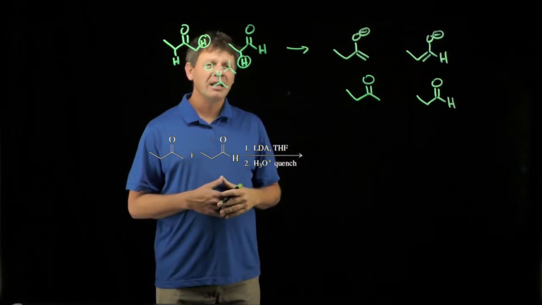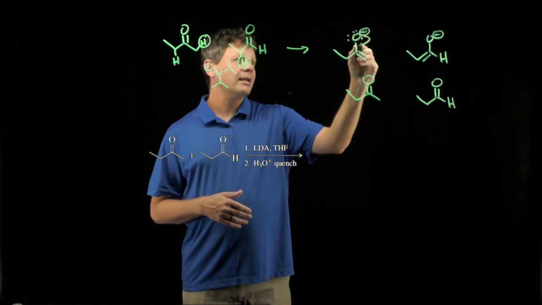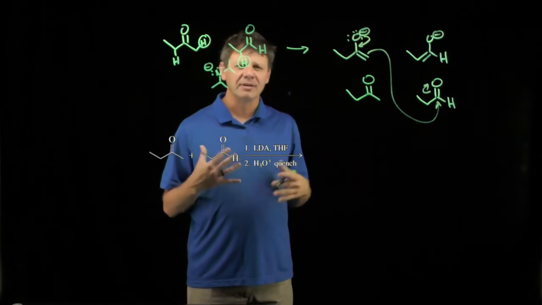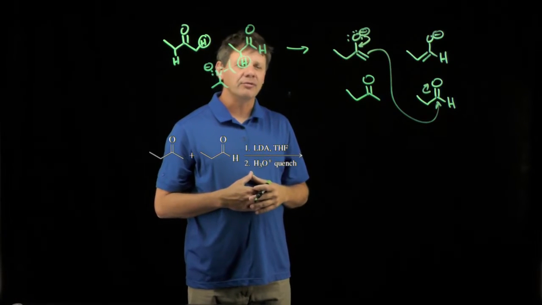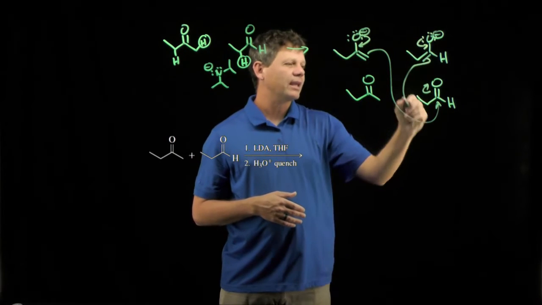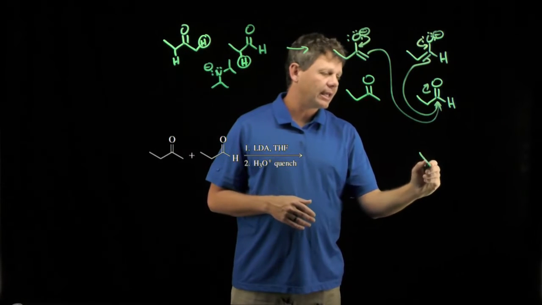Now that can be challenging because this ketone, or this enolate, could react with the aldehyde, and aldehydes are generally more reactive in these reactions, so we'll keep our focus on the aldehyde being the electrophile, or this one could react with the aldehyde. If we do that, what we're going to get is two products.